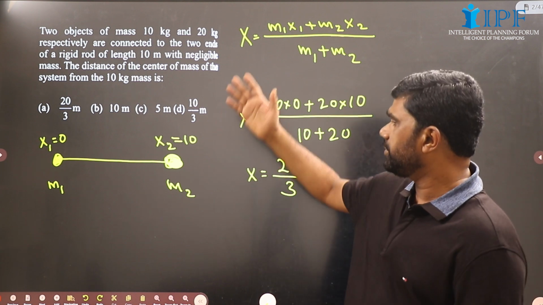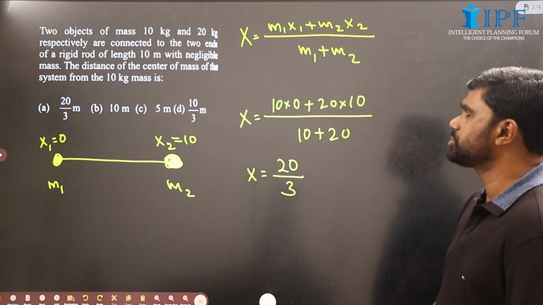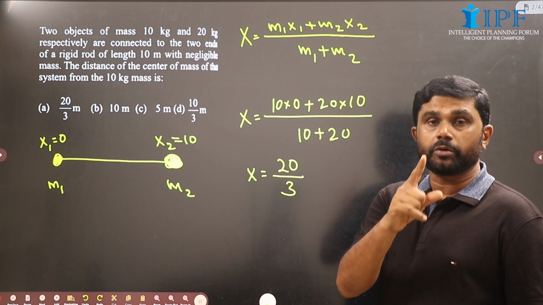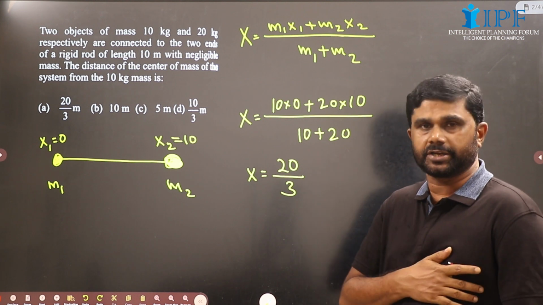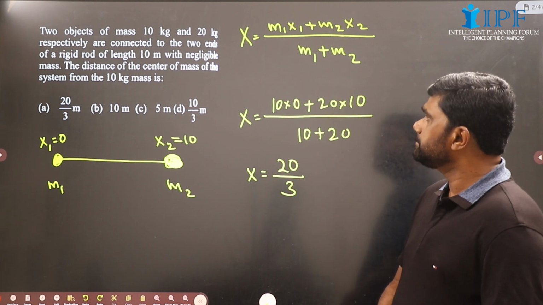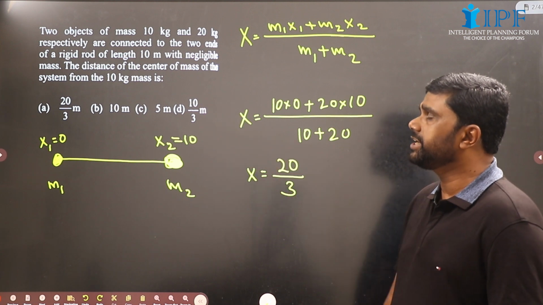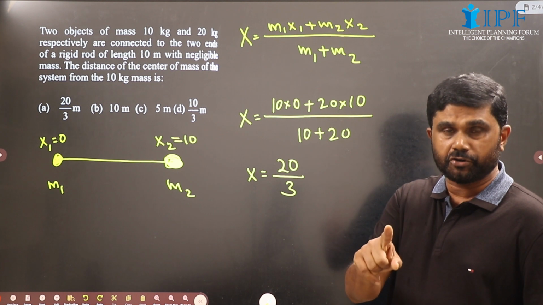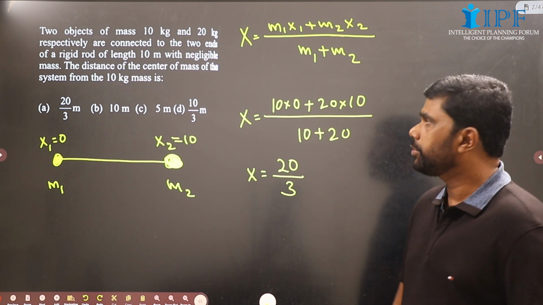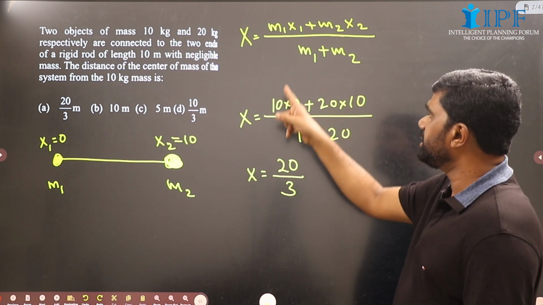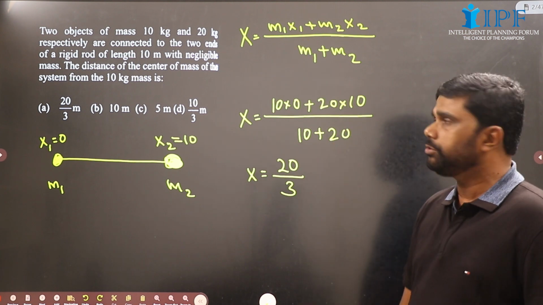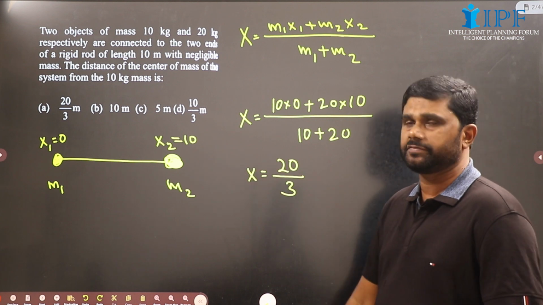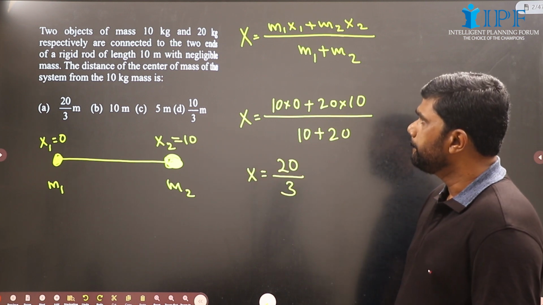Now we have this formula for the x-coordinate of the center of mass if the two objects are on the x-axis. We have chosen the position of the 10 kg mass as the origin because we have to find the distance of the center of mass from the 10 kg mass. Now m1 is 10 kg but x1 equals 0, and m2 is 20 kg and x2 is equal to the length of the rod, 10 meter.